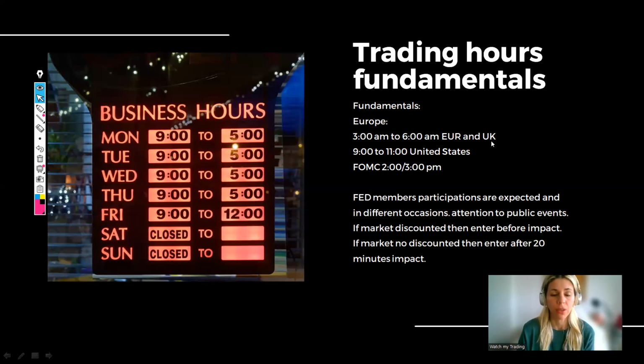After it's published, you have 1 hour of volatility and accumulation of buyers and sellers. And then after that, finally, you get to know who stays in the market, who's winning on that information, and who's not. So it's basically three phases on the impact of the information: 1 hour before the impact and 1 hour later.